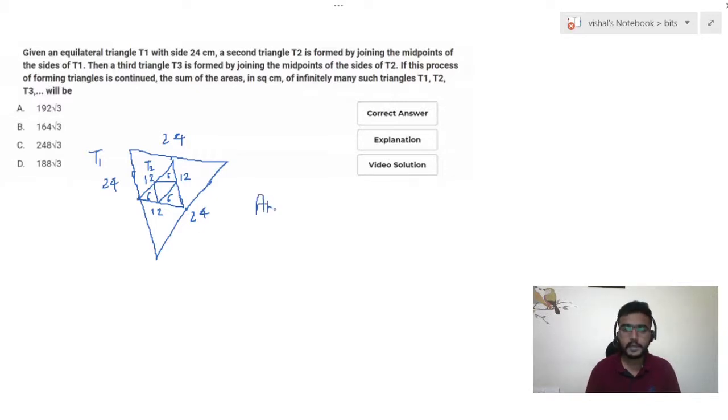So the area of T1 is given by, because it is an equilateral triangle, root 3 by 4 into a square. So root 3 by 4, where a is given as 24, so 24 times 24 divided by 4 times root 3 will come out to be 144 root 3.